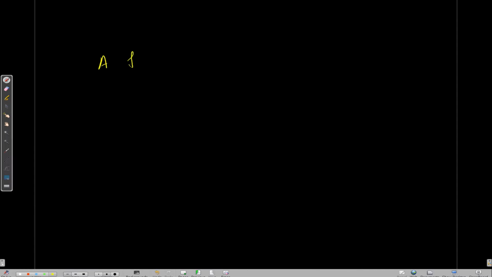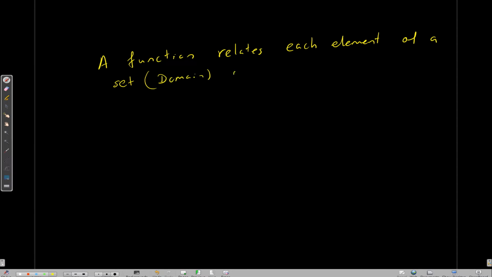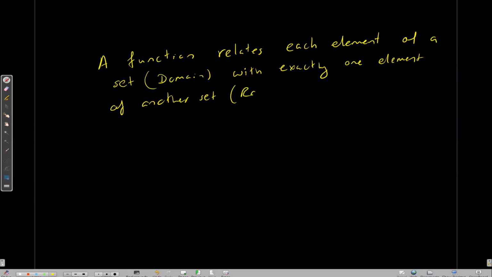A function relates each element of a set, well known as domain, with exactly one element of another set, known as range. Now please read this carefully.